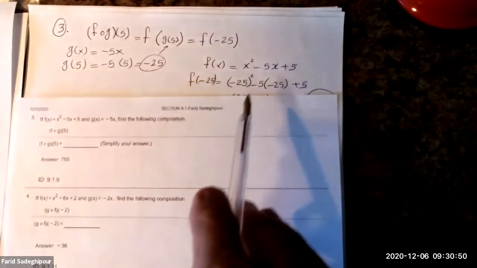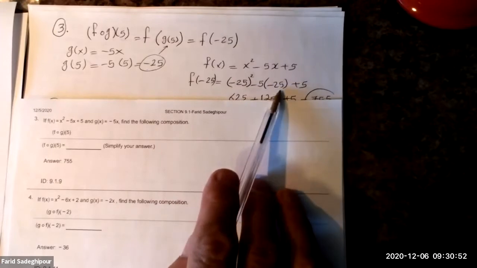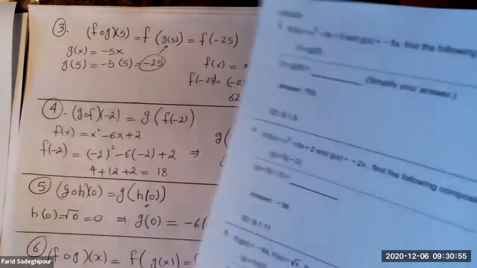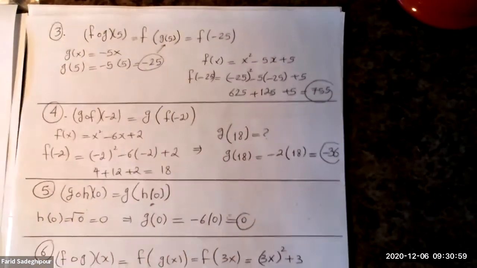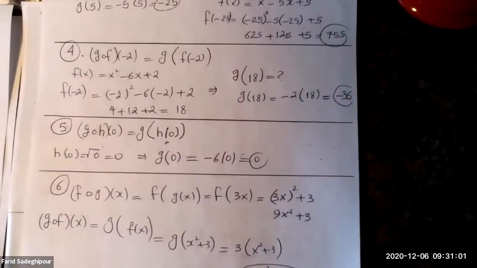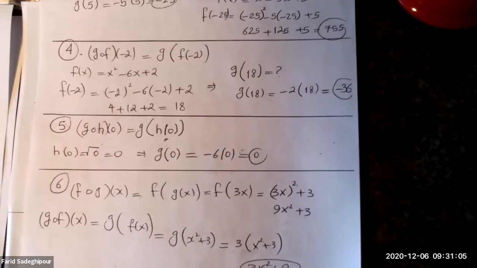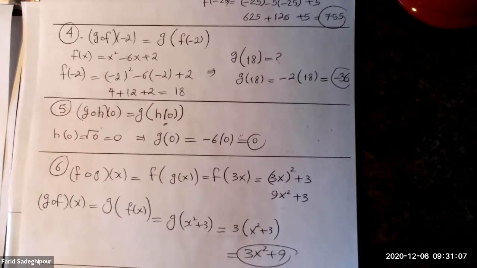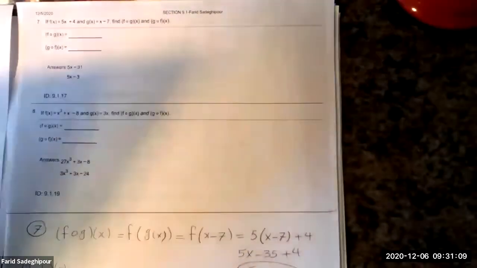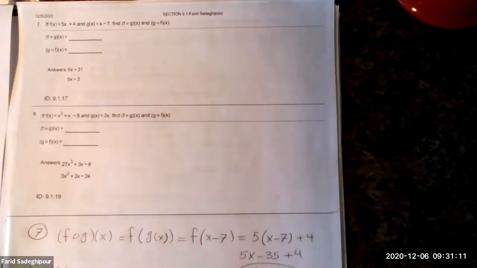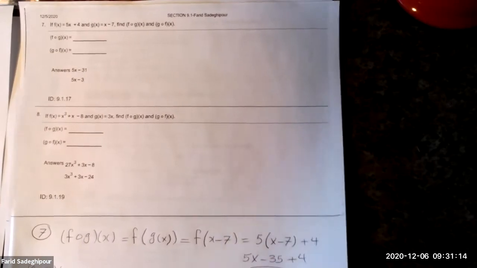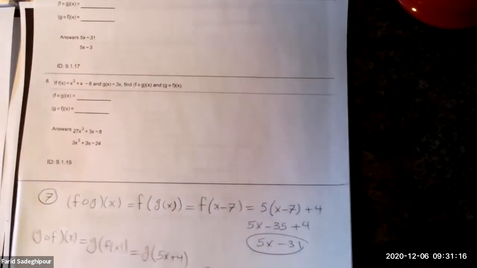Go to f of x and put negative 25 there. So I show you, for all these problems, you have the solution here, so you can take a look. These problems are all very similar.